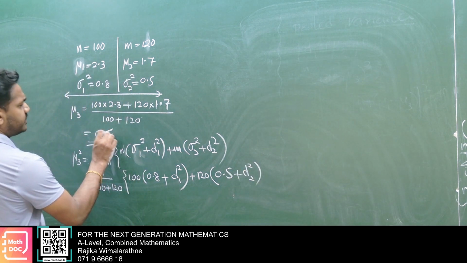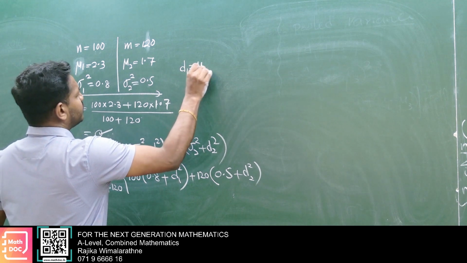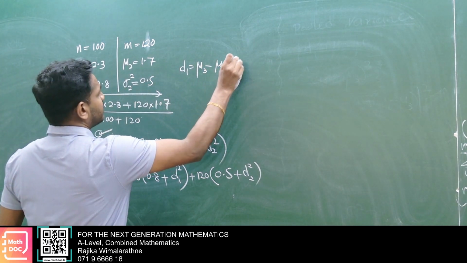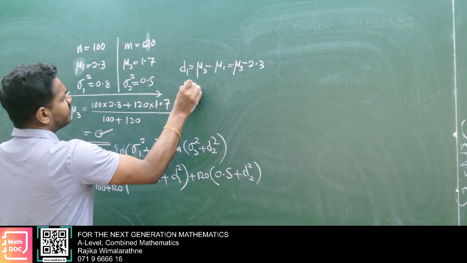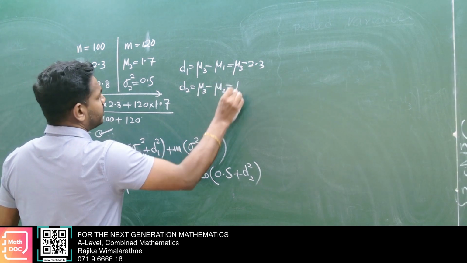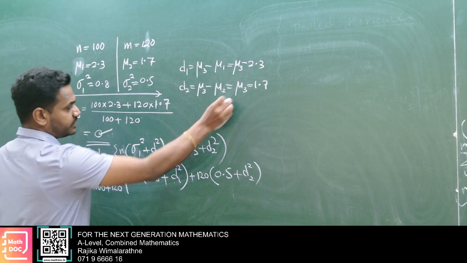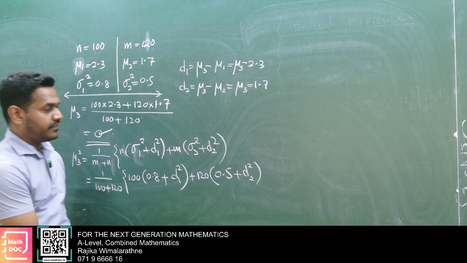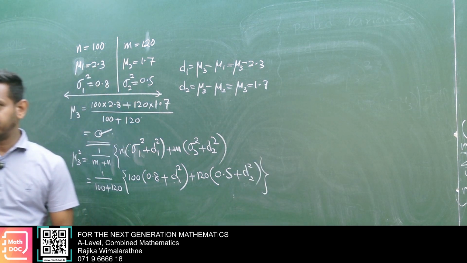So you find this value. Then d1 is mu3 minus mu1, that is mu3 minus 2.3, and d2 is mu3 minus mu2, that is mu3 minus 1.7. Then finally you substitute the values here. That is the pooled variance. You have to calculate to one decimal place.